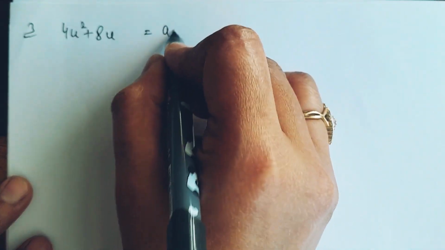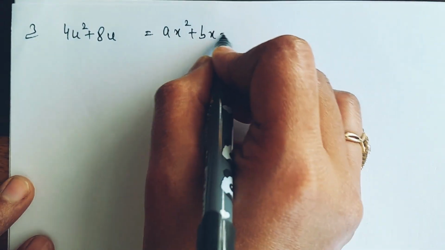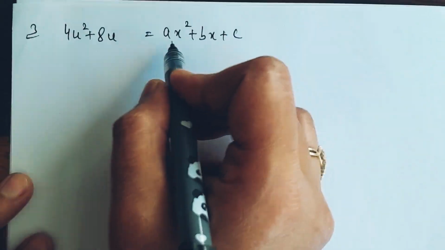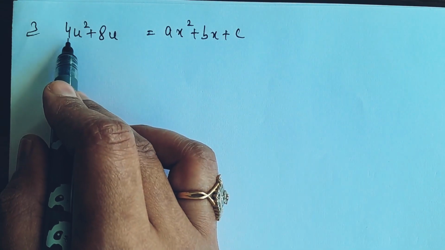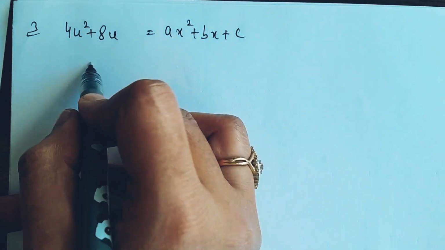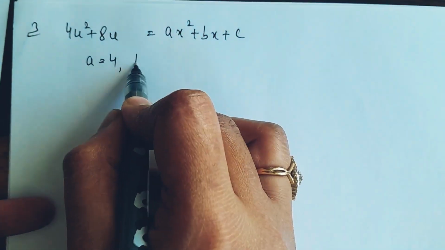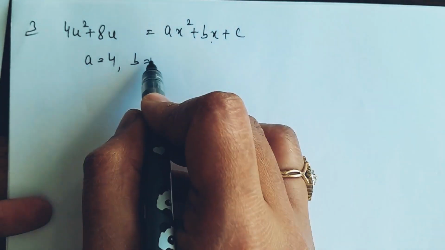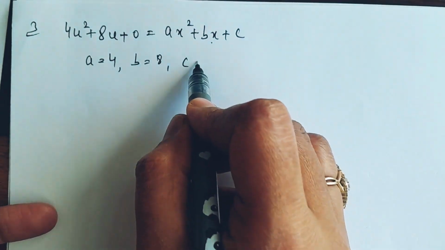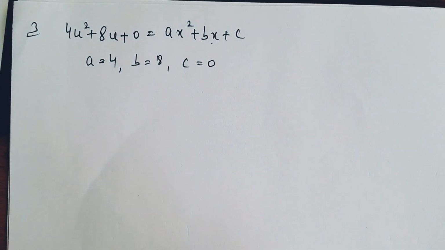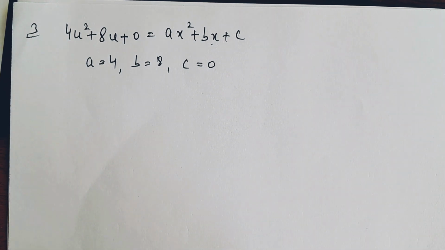If you compare it with the general polynomial, the variable is u, so the coefficient of u square is 4, so a will be 4. The coefficient of x, that means the coefficient of u, is 8. The constant term c is not given here, so we will take it as 0. Similarly, we can find the zeros and verify the result in the similar manner.